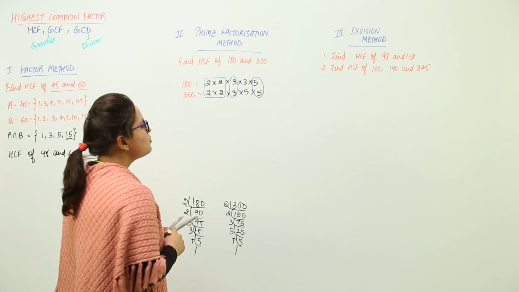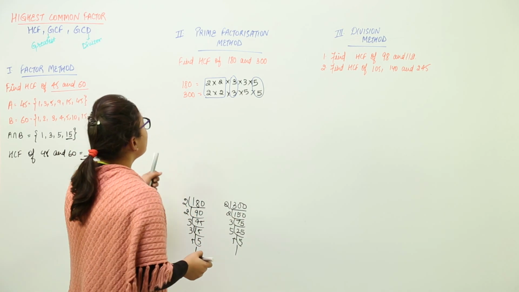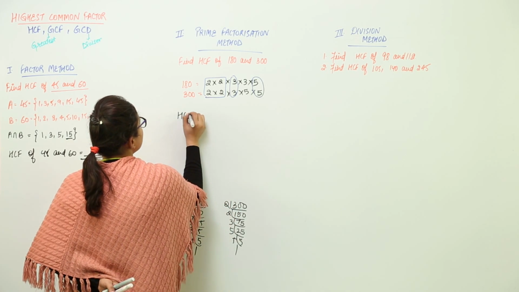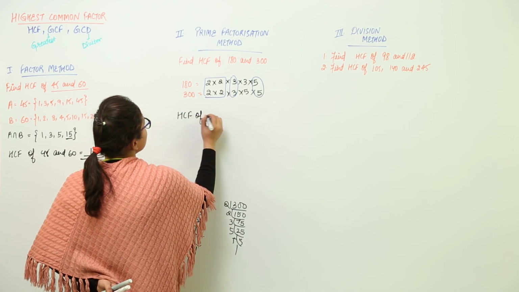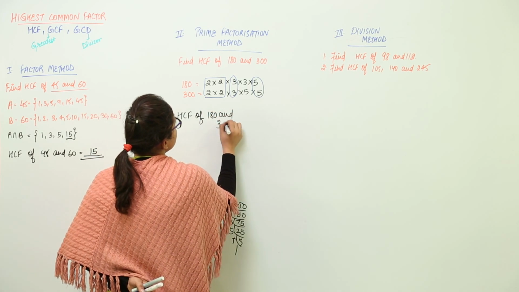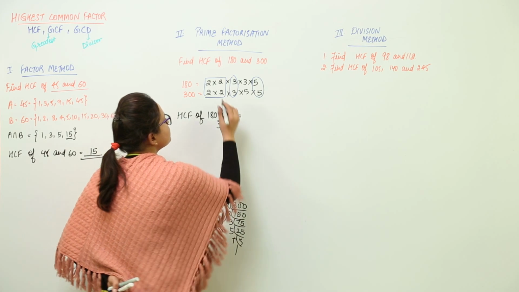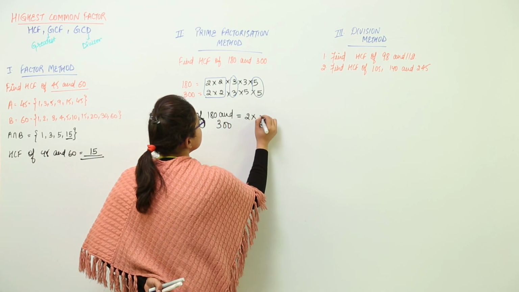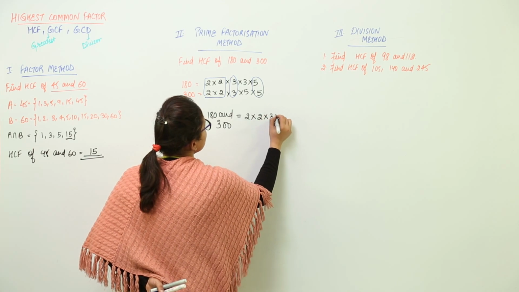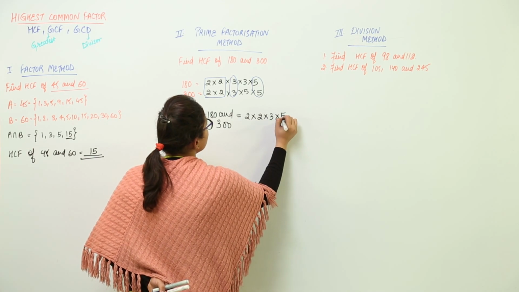So we are going to find out the common factors by writing them like this. We will write that the HCF of 180 and 300 is going to be 2 into 2 into 3 into the last one, 5.